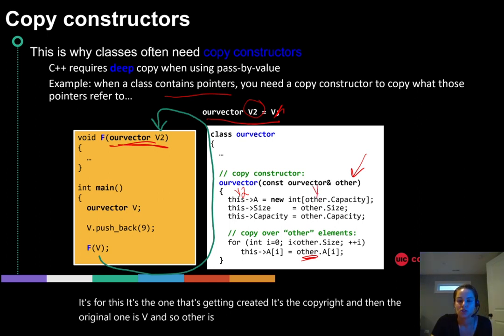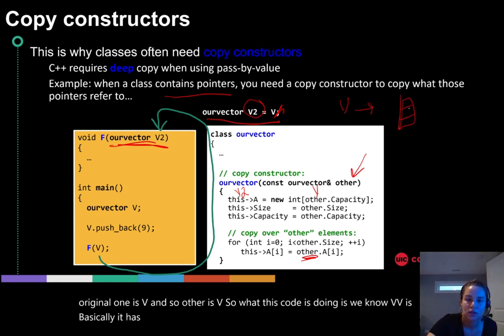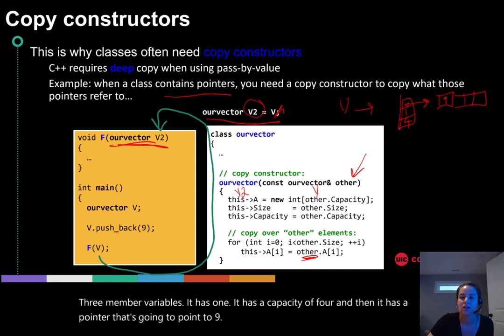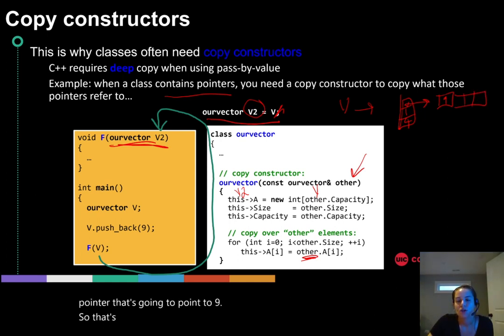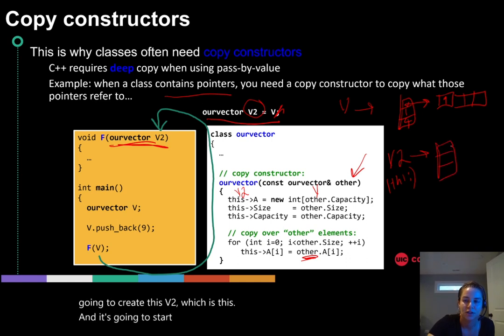So what this code is doing is, we know v basically has three member variables. It has a size of 1, it has a capacity of 4, and then it has a pointer that's going to point to 9. So that's what v looks like. What the copy constructor is going to do is create this v2, and it's going to start by creating all those member variables.